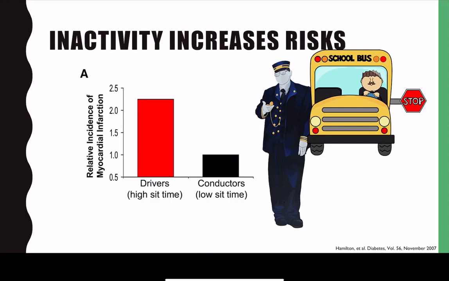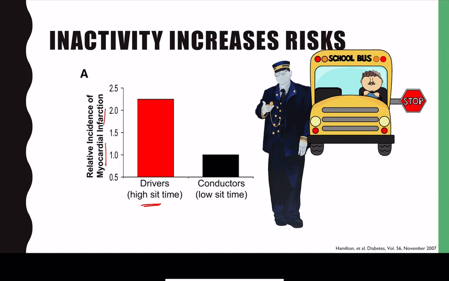This is data from a really interesting study, and the measurement that they're looking at is the relative incidence of myocardial infarction. And the two groups they studied were bus drivers and conductors. So they're a similar population. Bus drivers, though, sat without interruption for more than 5.5 hours on their shift. That's the drivers. Conductors have to stand for the same period of time.